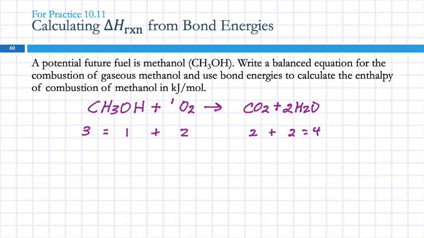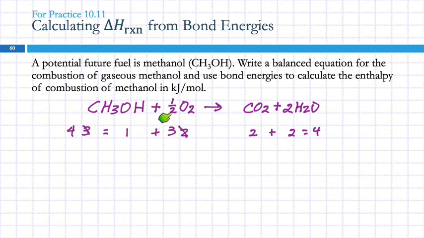So if I had half a mole of oxygen, like how many shoes are in half a pair of shoes? 1, right? So half of this pair would be 1, and now I've got 4. Now, is that how we want to write this chemical equation? No. We want to avoid fractions.